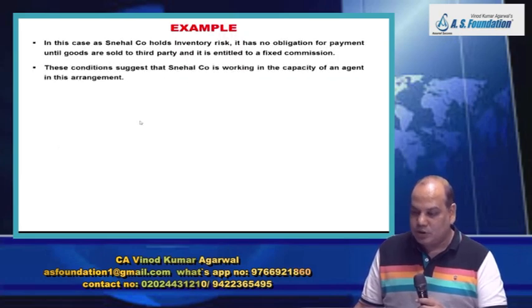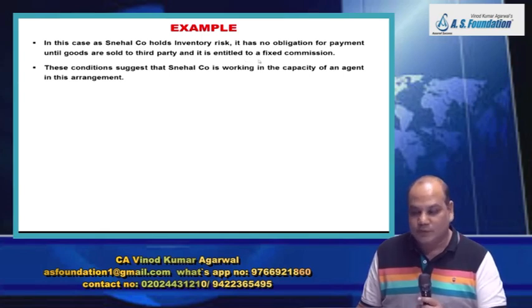So now the question they will ask you in the exam is, is Snehal a principal or agent? Agent. Why? Snehal does not have inventory risk. It has no obligation for payment until the goods are sold to the third party, and it is entitled to a fixed commission.